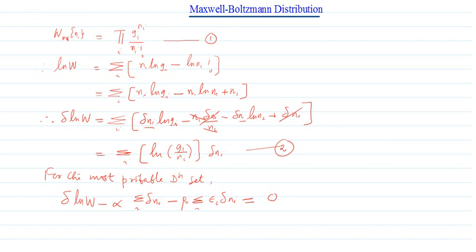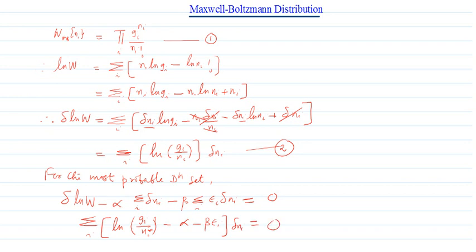On substituting equation number 2 here for delta Ni, you will get the sum over i of log of Gi by Ni star, where instead of Ni we write Ni star to denote the most probable distribution, minus alpha minus beta Ei, and delta Ni is also a common factor there, equal to 0.